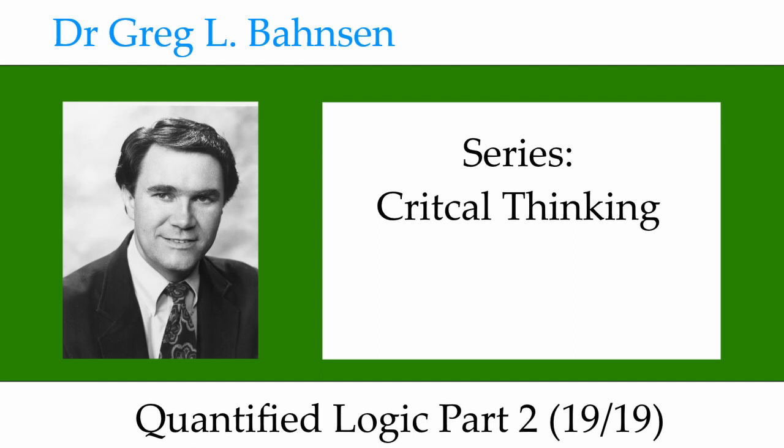Well, DA is true, and if DA is true, then it must imply something else which is true, or else the whole line turns out to be false, which doesn't show invalidity. Therefore, not EA would have to be true, in which case EA would have to be false. So we've proven the invalidity of numbers 1 and 2.